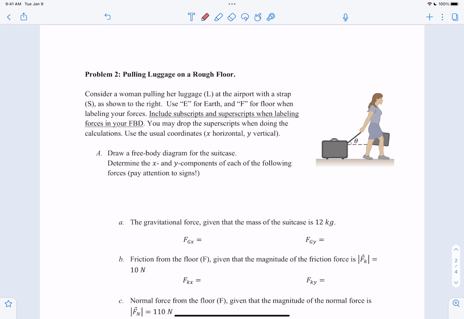So is everyone familiar with superscripts and subscripts? Looks like I need to refresh here as well. Okay, there, refreshed. Is everyone familiar with the whole superscript, subscript thing? Okay.